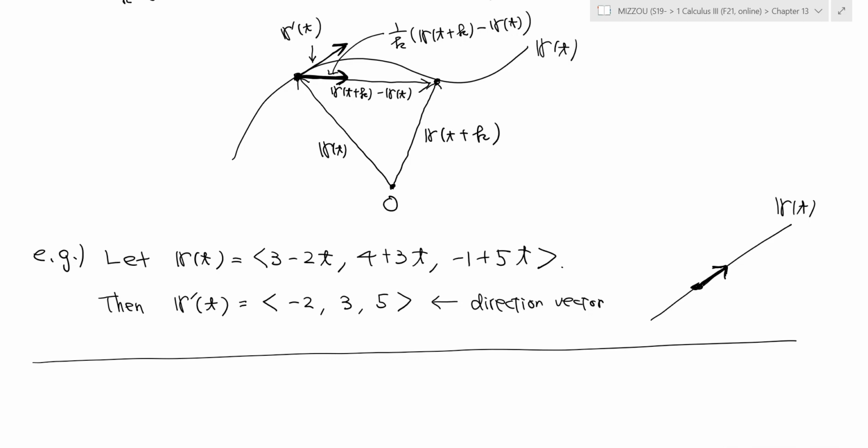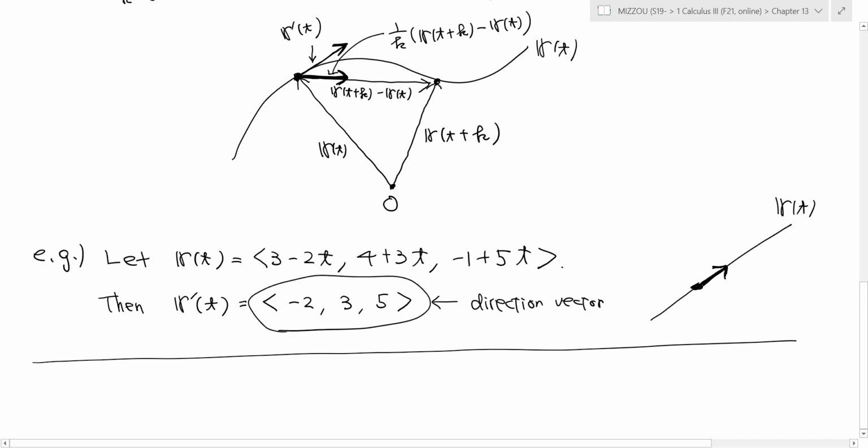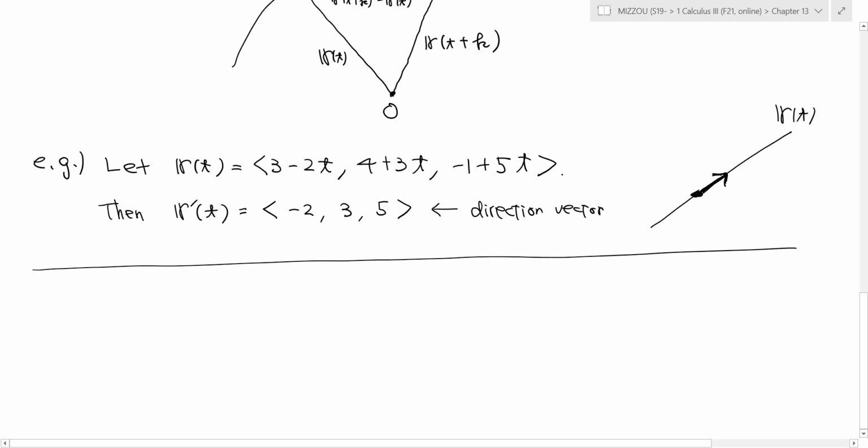That's fine, but the length of the tangent vector is not necessarily 1. It might not be a unit vector, and it is often useful to work with a unit vector. And then here's a definition.